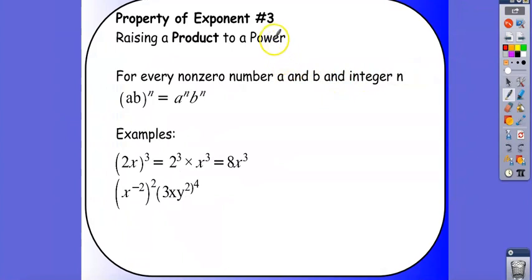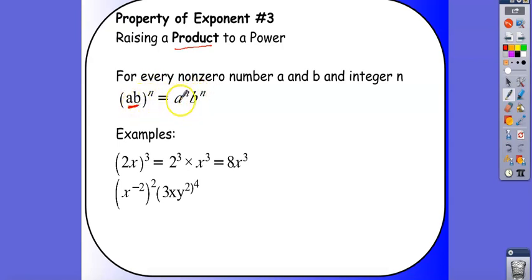Okay, this is the third one. It's called raising a product to a power. It says product because these are multiplied together. So for every non-zero number a and b, when you have the product of these two numbers, and you're going to raise it to the power of n, the n has to go on the a and the b.